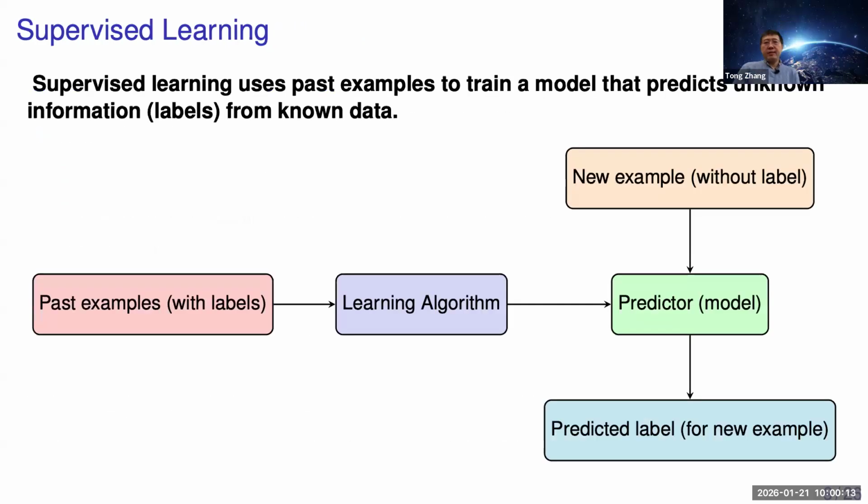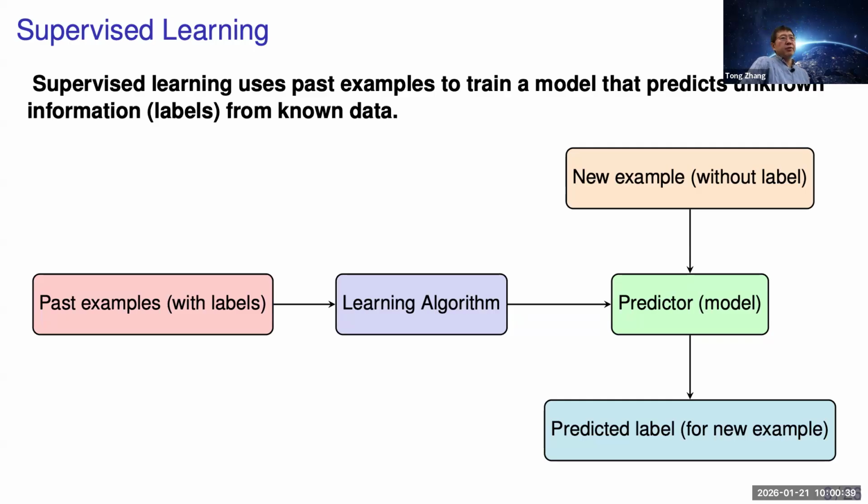For supervised learning, you train a model that predicts unknown information from known information. You have labels and you have some learning algorithm. Once you have labels and a learning algorithm, the product of that is a model.